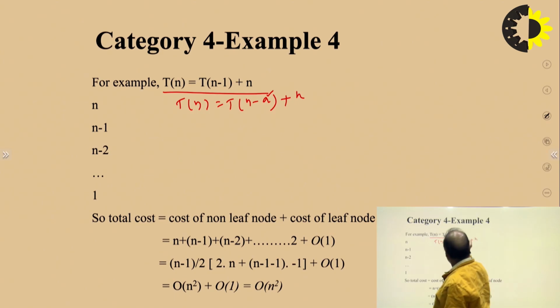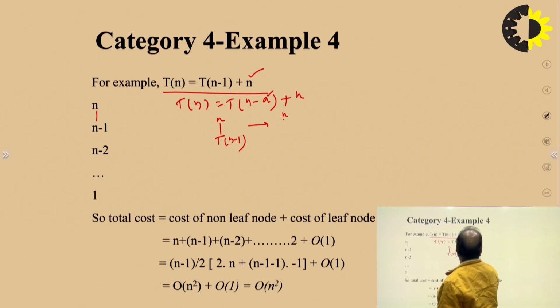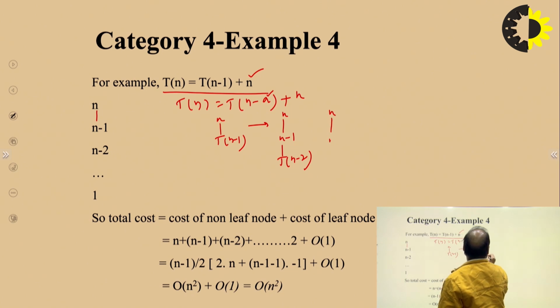If you draw the recursion tree in the same way, this is n, and then again you see n, then T(n-1). If you start expanding, T(n-1) will be n-1, then T(n-2), then n-2, and then T(n-2).